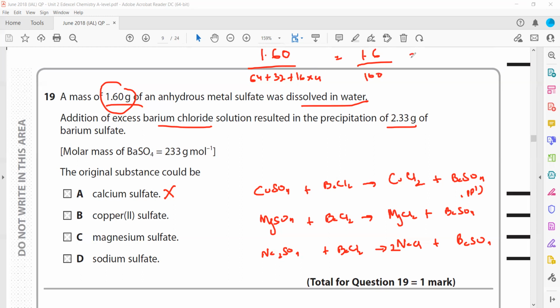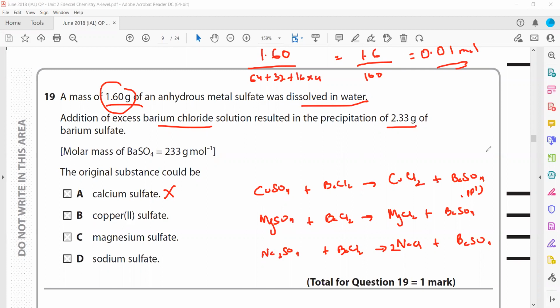When we divide 1.6 by 160, that is 0.01, so 0.01 moles are there.